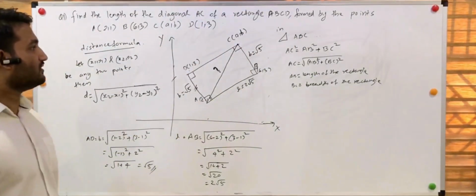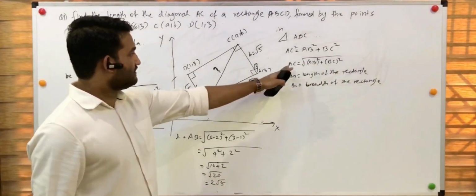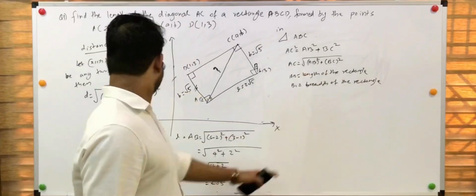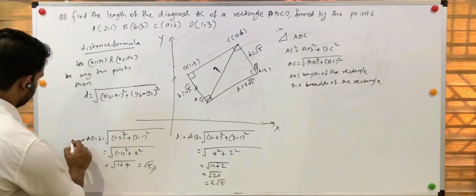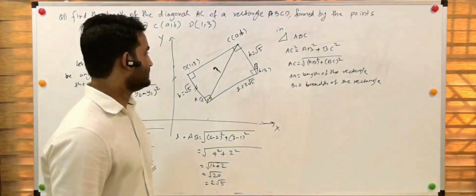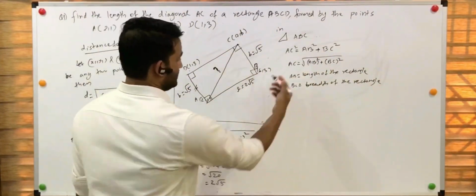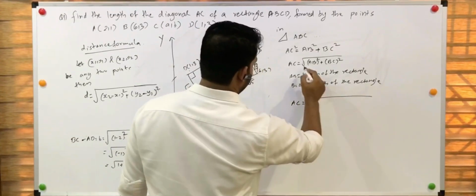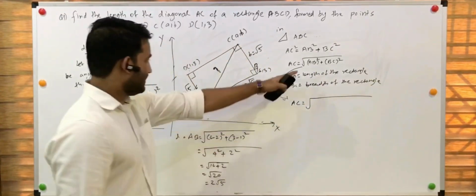for a rectangle. Now we can substitute the value of AB and AD equal to BC here to get the final answer. So apply the Pythagoras theorem. AC is equal to, what is AB?